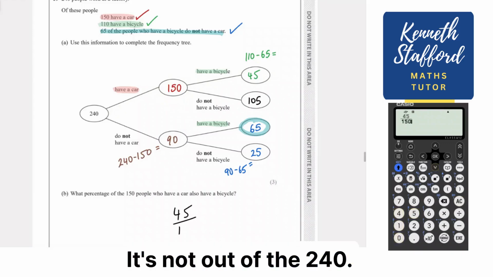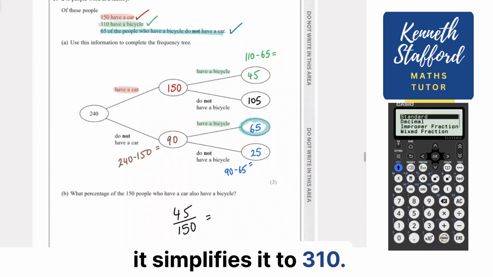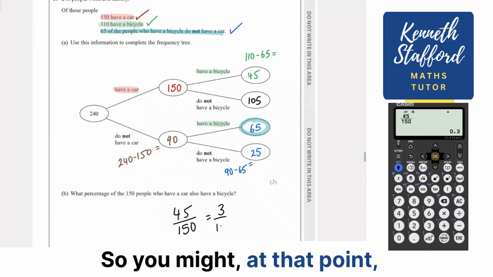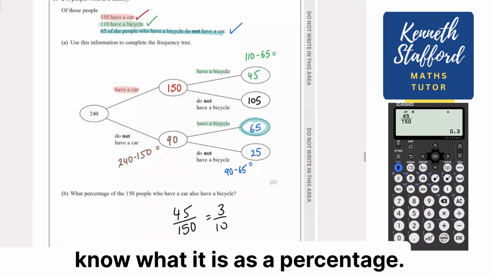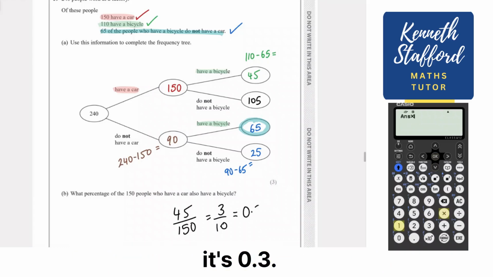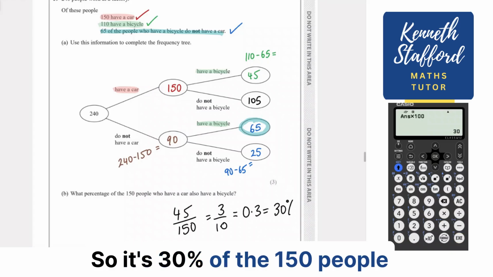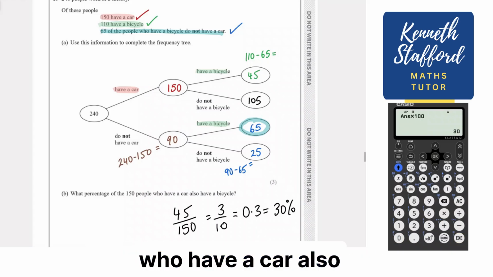It's not out of the 240. If we type that into our calculator and push equals, it simplifies it to 3/10. So you might at that point know what it is as a percentage. If we convert it to a decimal, it's 0.3. And to get it to a percentage, we times by 100. So it's 30% of the 150 people who have a car also have a bicycle.